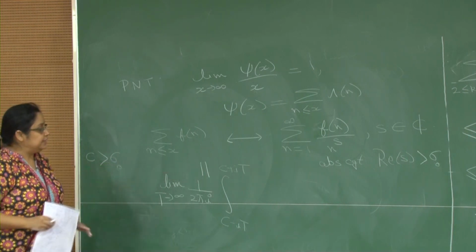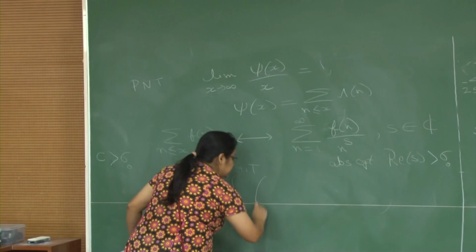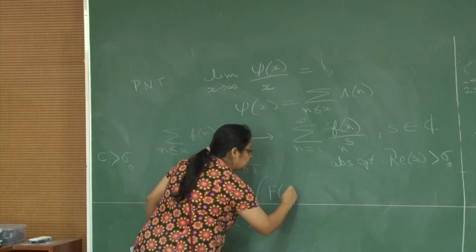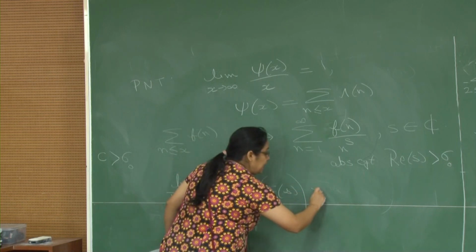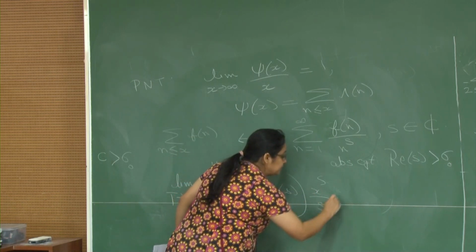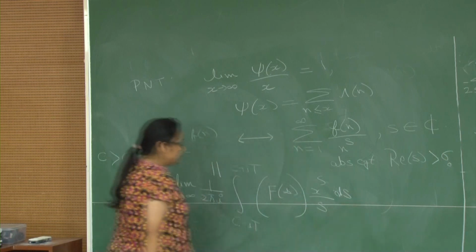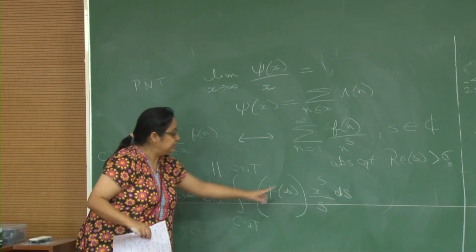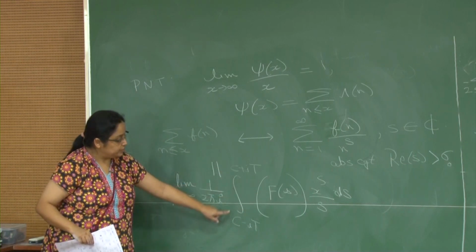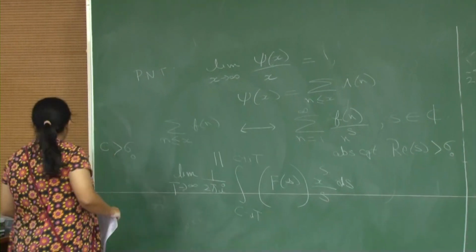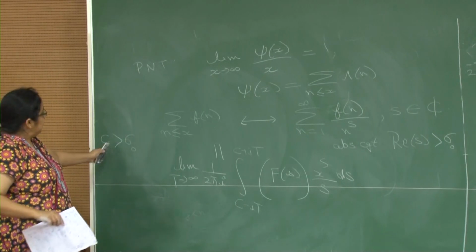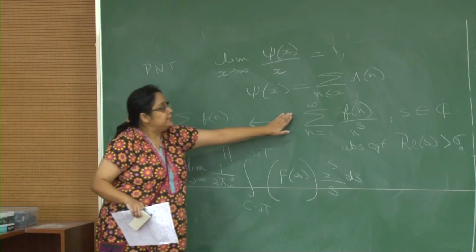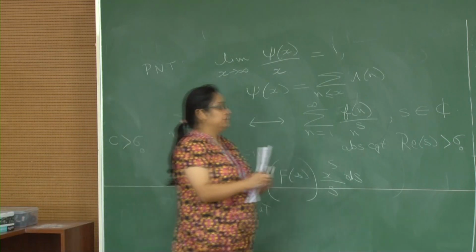So you have this limit of the integral of capital F of s, x to the s over s, ds, where s runs over this contour from c minus i t to c plus i t, where c could be any suitable real number in the area where this sum defines a good analytic function.